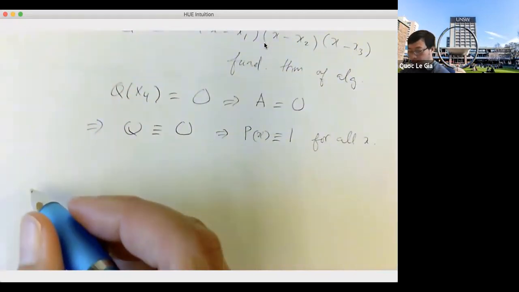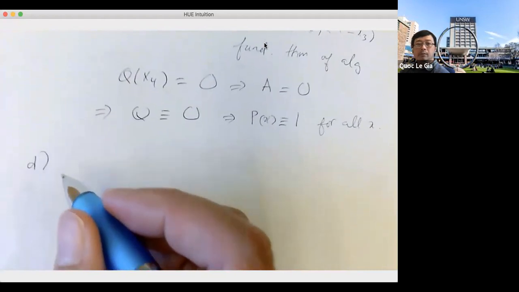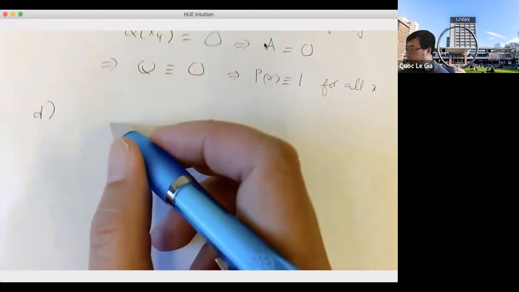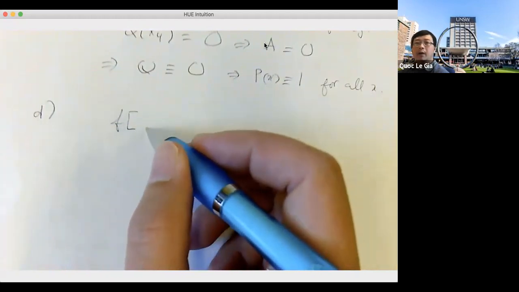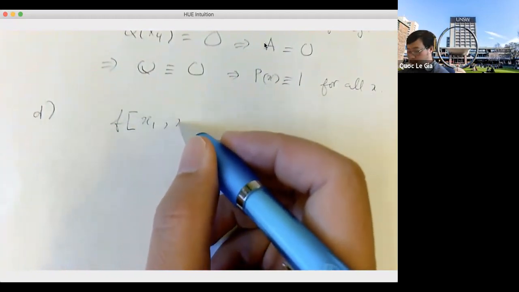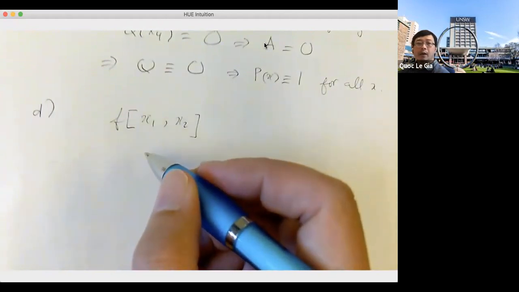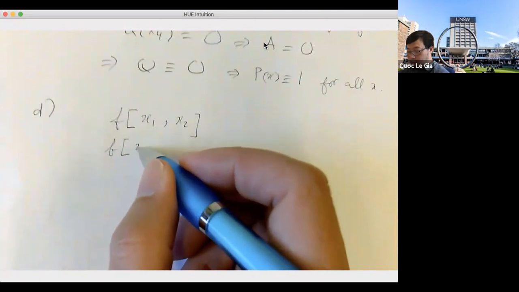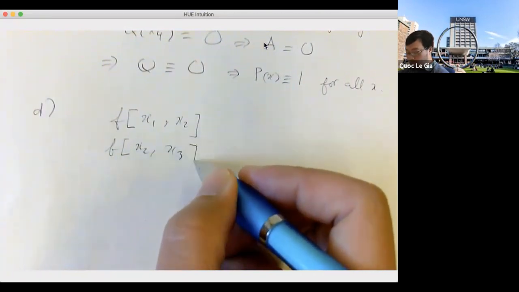Suppose you are given the divided difference coefficients f[x1, x2] and f[x2, x3].